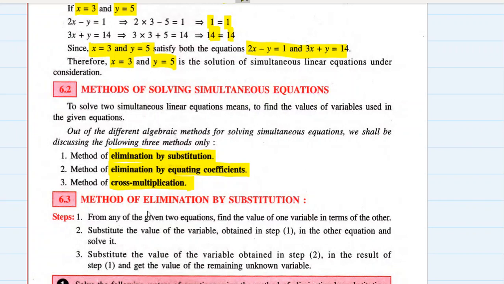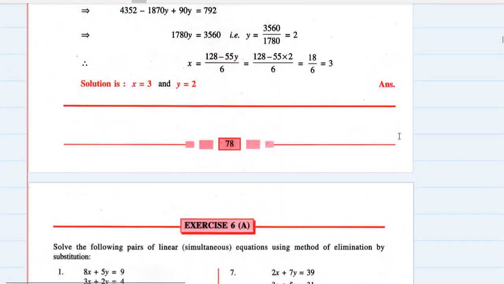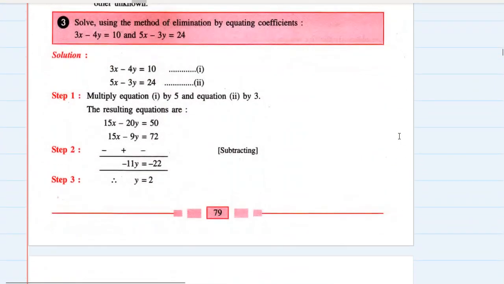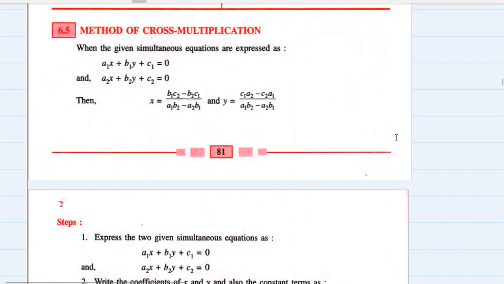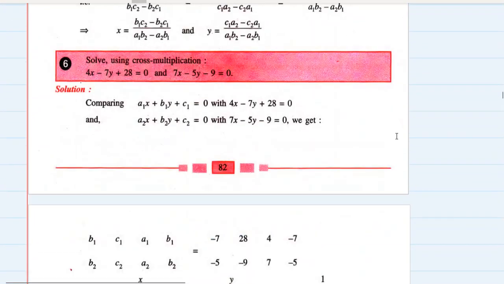We are going to focus only on these three methods. Out of which, in this first video, I'm going to discuss elimination by substitution, the solved examples which you see over here, and elimination by equating coefficients. That's the second method which you see over here.